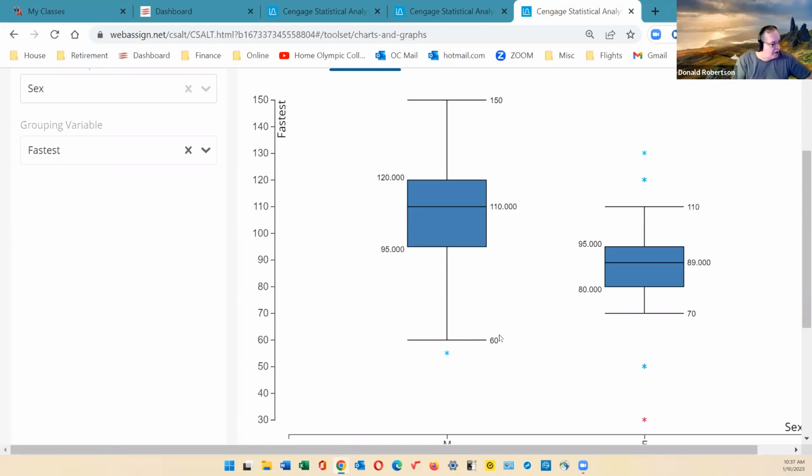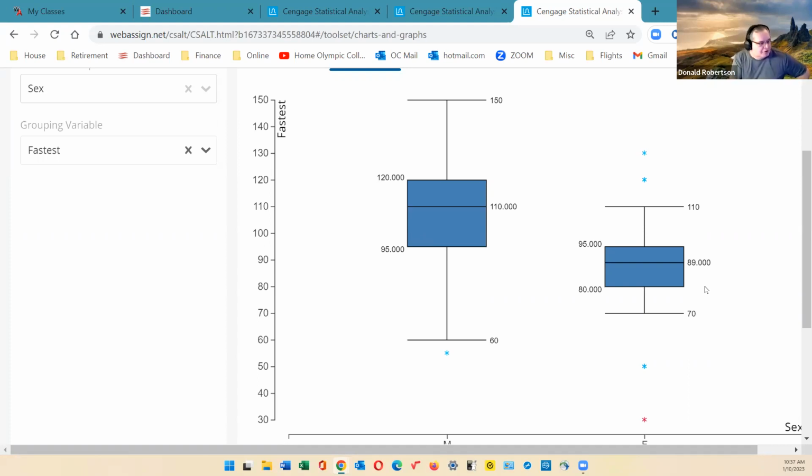Now, the next and last summary I'm going to make is, if you look at the width, how long this middle box is, that represents the middle 50%, right? The typical group in the middle. And for guys, it's from what, 95 to 120. That's a 25 mile per hour spread. Do you notice that that same box on the female side is only 15 miles, right?